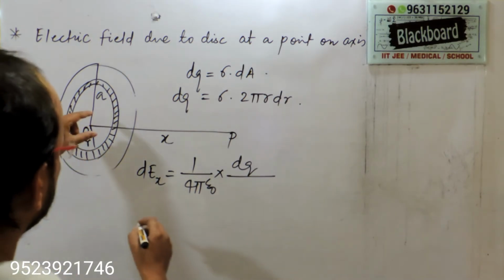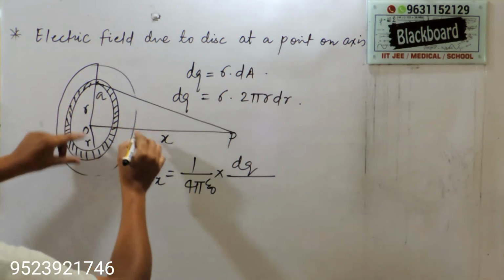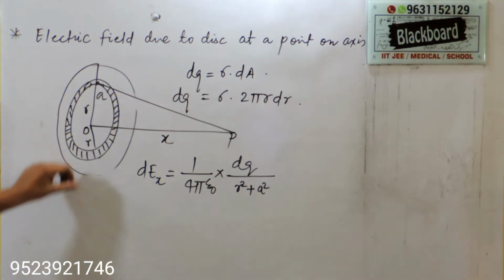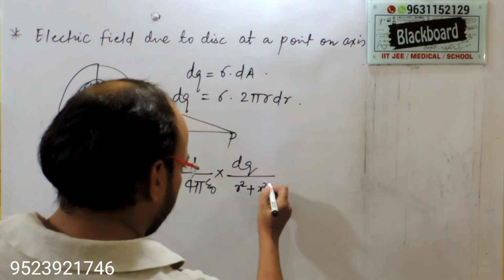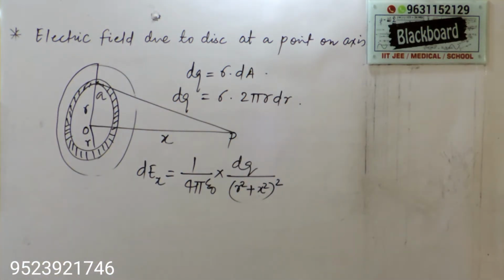Using Pythagoras theorem, this distance is the square root of r square plus x square, and this term is along cos theta.